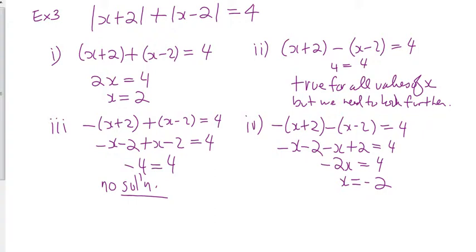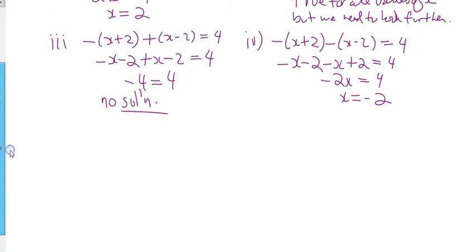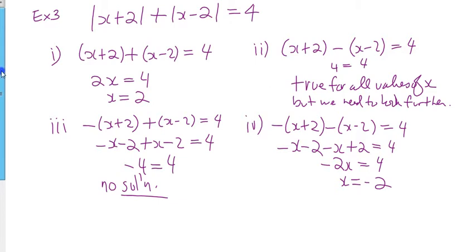Okay, so what are we going to look at here? Namely number 2. So we've got values of 2 and negative 2. We can see that, well, let's go back here and check. If I put a 2 in here, I get 4 plus 0, which is 4. So the 2 does check. The negative 2 gives me 0 and 4, so the negative 2 checks.